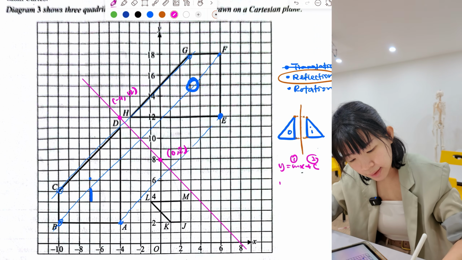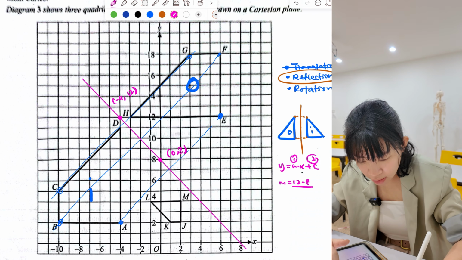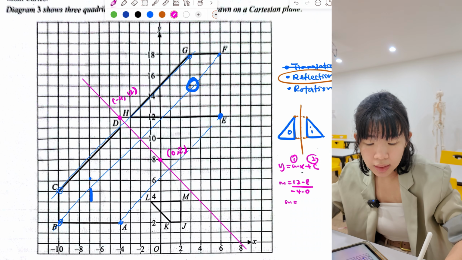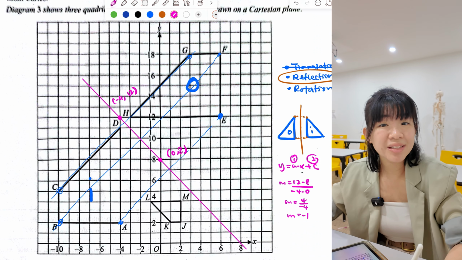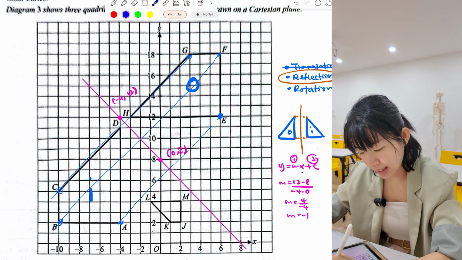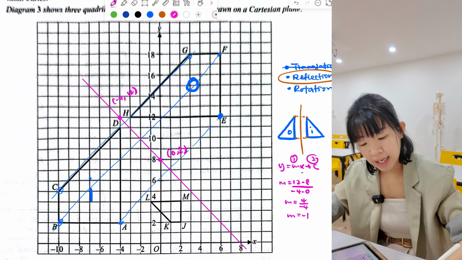So the gradient here, y2 minus y1, 12 minus 8, over x2 minus x1, -4 minus 0. So this is 4 over -4, gradient -1. So we have m. How about c? c is the y-intercept. Do you see this line touches the y-axis here, 8. So c is actually 8.